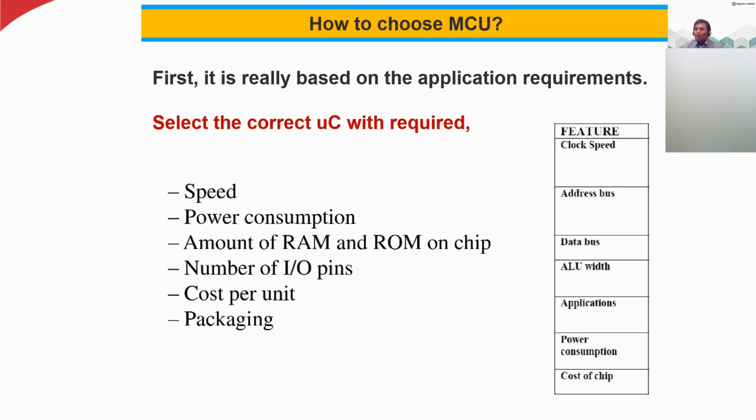I cannot really compromise on the performance of the system. The system should be good, and I should give a guarantee for my product. At the same time, I need to sell it cheaper. So then I need to choose the cheapest microcontroller for my system. So these are some practical issues.